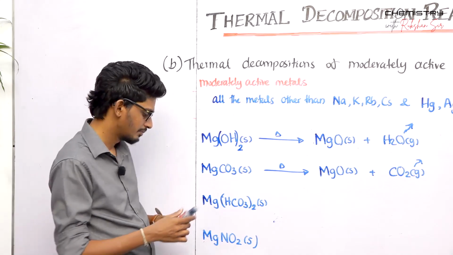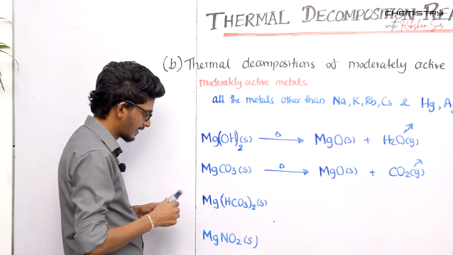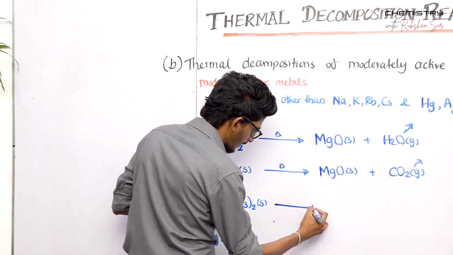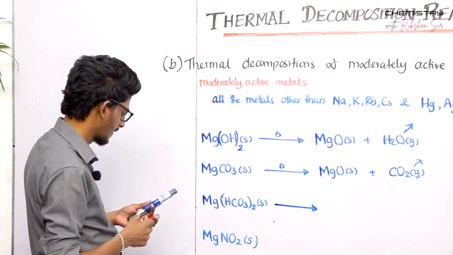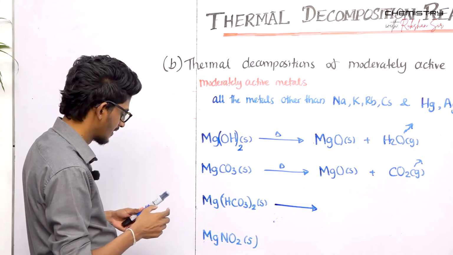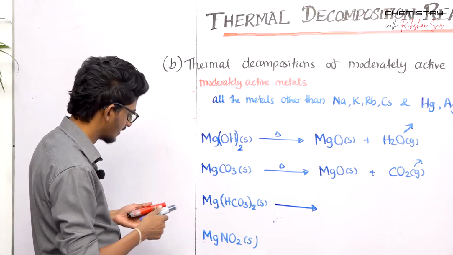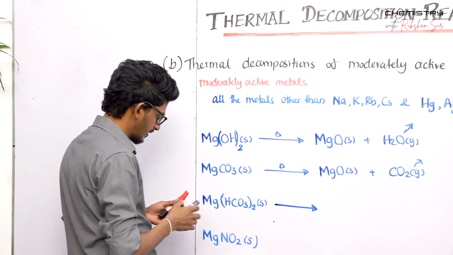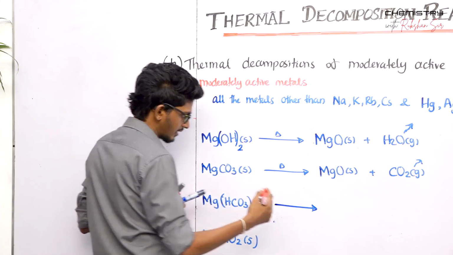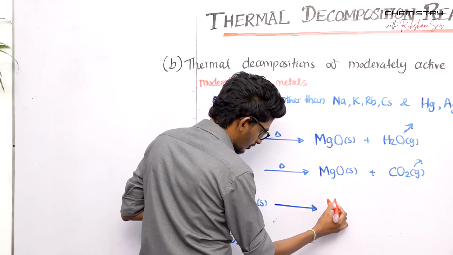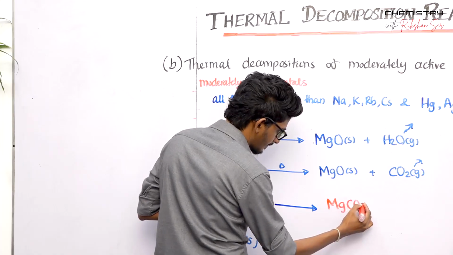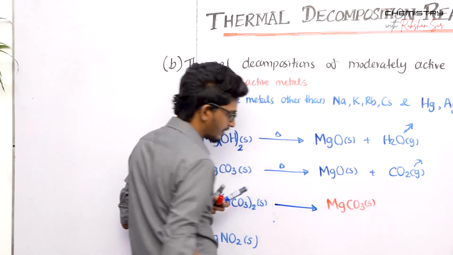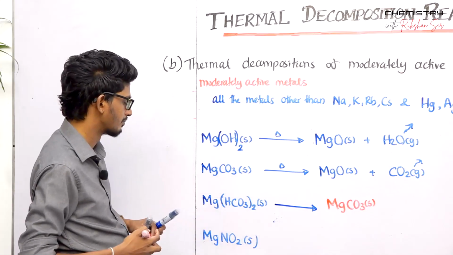So when it comes to magnesium bicarbonate, right, it won't produce the magnesium oxide as the first product, but first it decomposes, giving you the magnesium carbonate, right? So that is special, right? We are expecting some oxides to occur, but magnesium carbonate is the first decomposition product of magnesium bicarbonate, right?